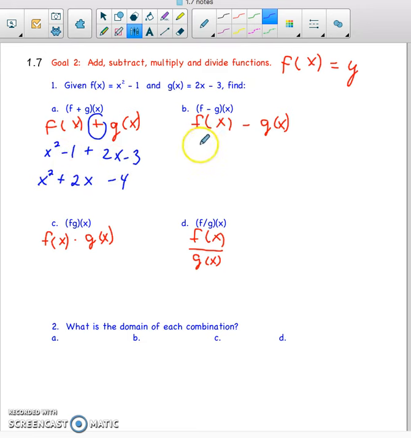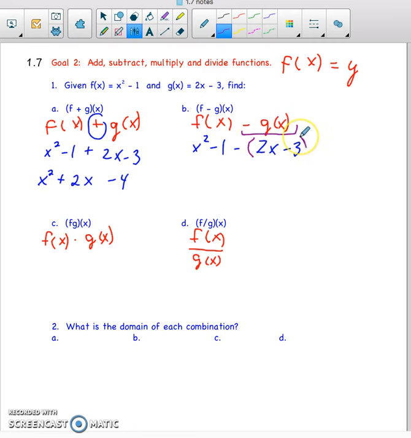In B, we'll take function f of x, x squared minus 1, and we will subtract g of x. Now, I want to point out something here. If I write the difference without putting a parentheses after 2x minus 3, then I would only subtract 2x. But the notation says to subtract the entire function g of x.